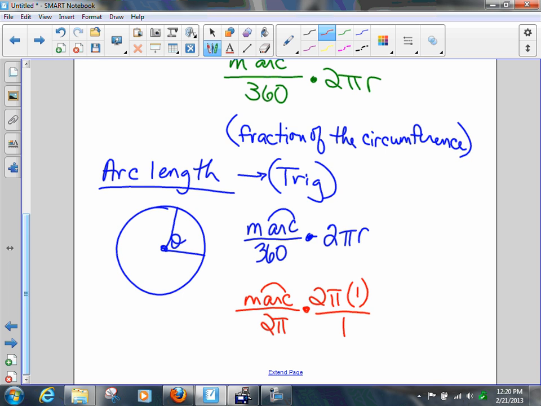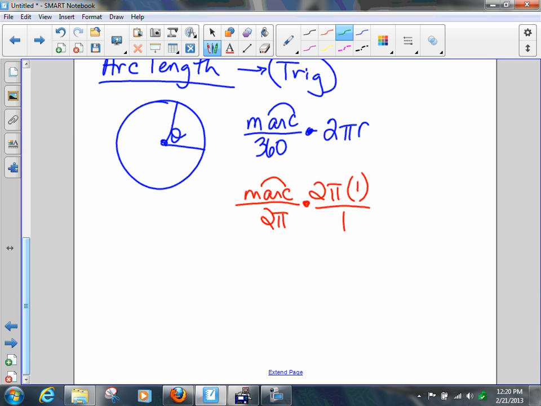So I may have one more thing that I need to substitute. How do I find the measure of the arc? It's the same as the central angle measure. Well, according to my picture, this central angle is what? Theta.